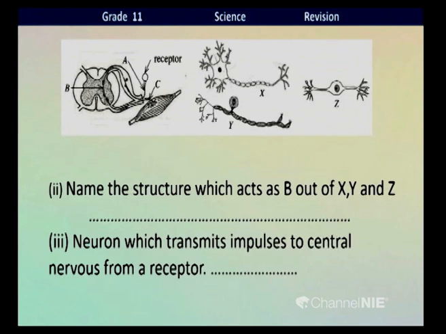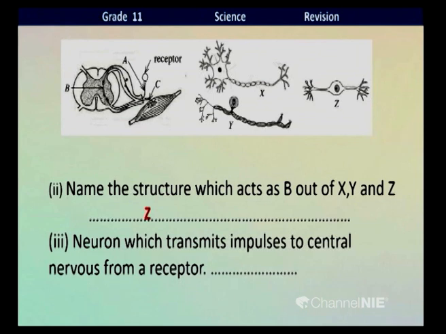Then out of X, Y, Z, which is the interneuron, children? Interneuron is Z. Here you can see, children, Z is the interneuron, X must be the motor neuron and Y must be the sensory neuron. Next question.